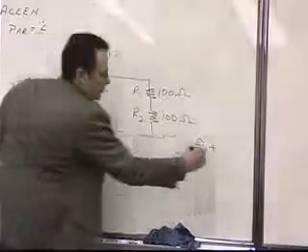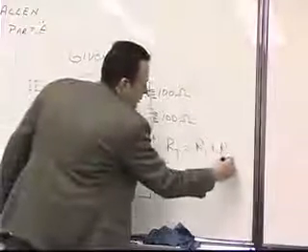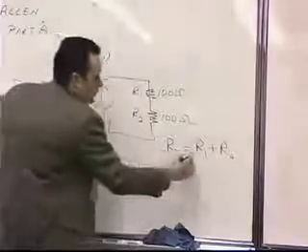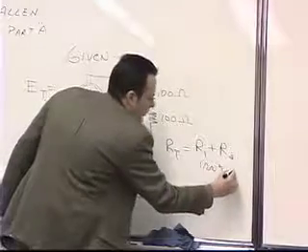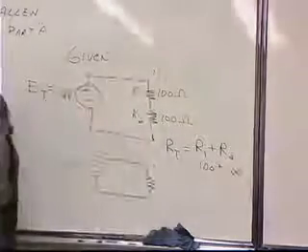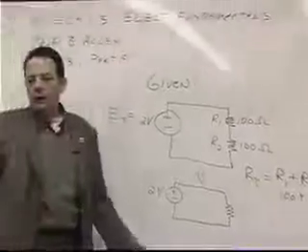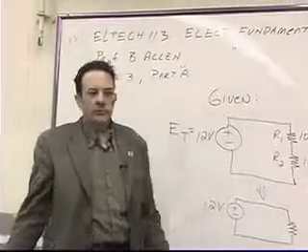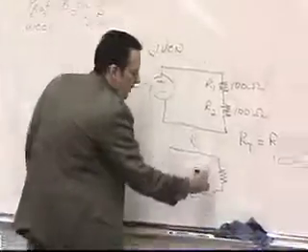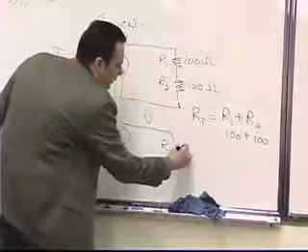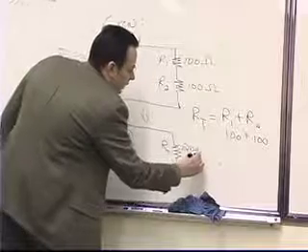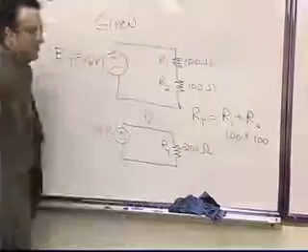R2. So that would be 100 plus 100, obviously in ohms. And 100 plus 100 is 200, right? So the value of this total resistance would be 200 ohms. Are you with me?